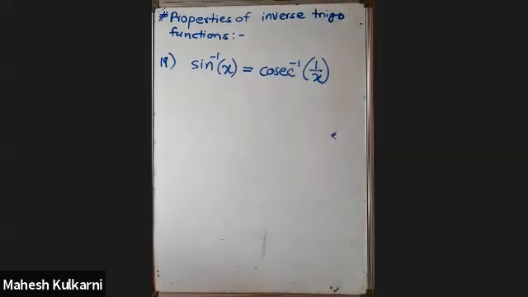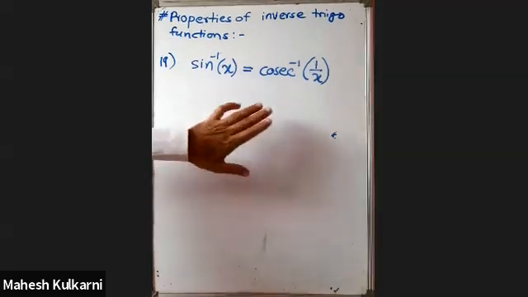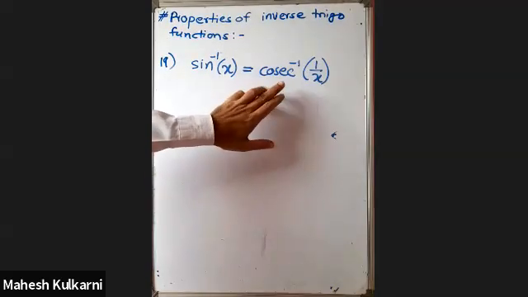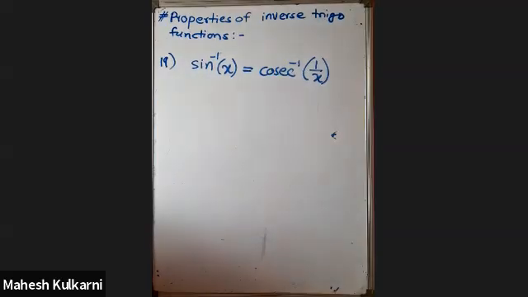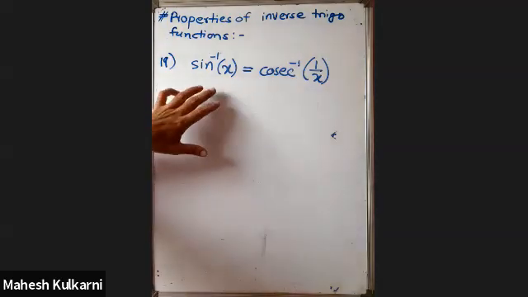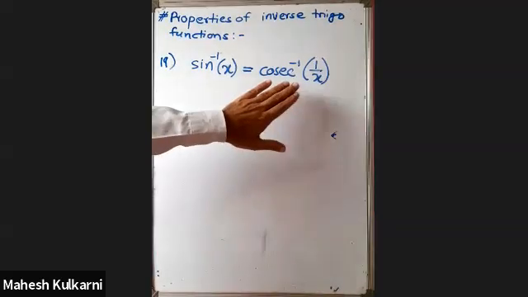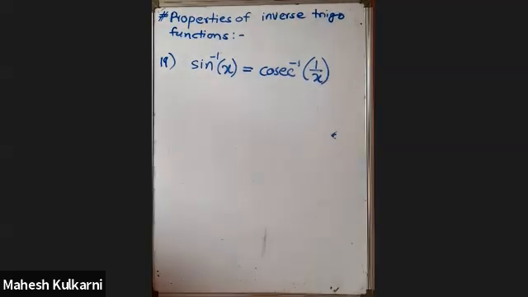Now read this carefully. It is the relation between sin inverse x and cosec inverse. So sin inverse x is equal to cosec inverse of the reciprocal of x. As we know, cosec theta is 1 upon sin theta. So according to that relation, we can derive this formula: sin inverse of x is equal to cosec inverse of 1 upon x.